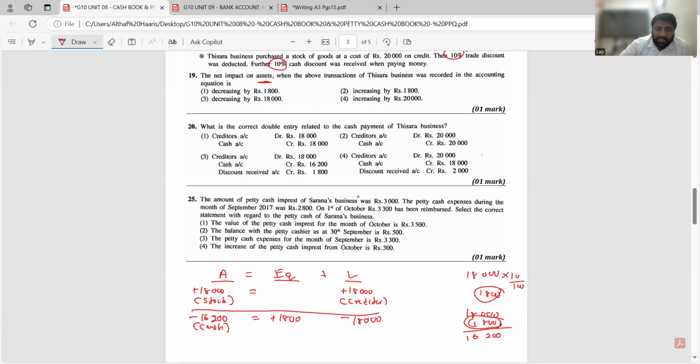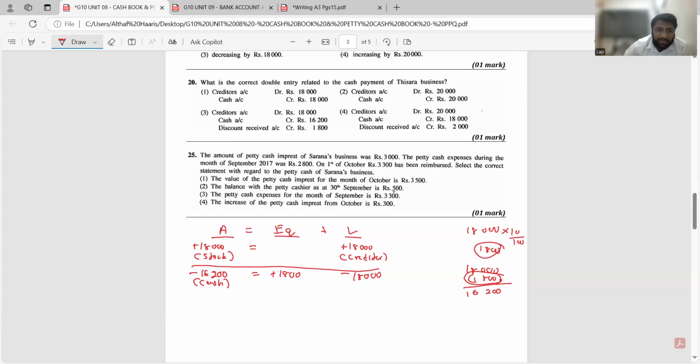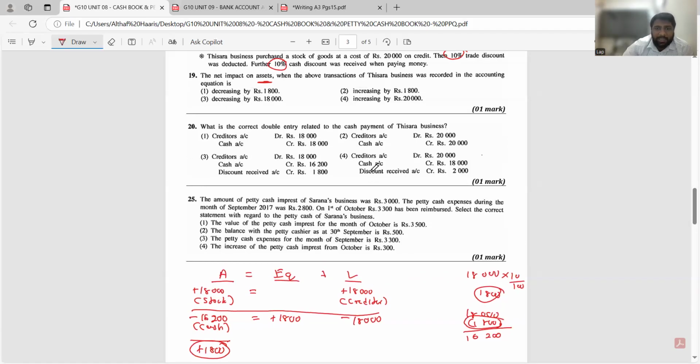Then assets, Lama, if you take the final total, what is the net impact you see? Plus 18,000 minus 16,200. It is plus 1,800. So net impact on assets is plus 1,800. Second option.